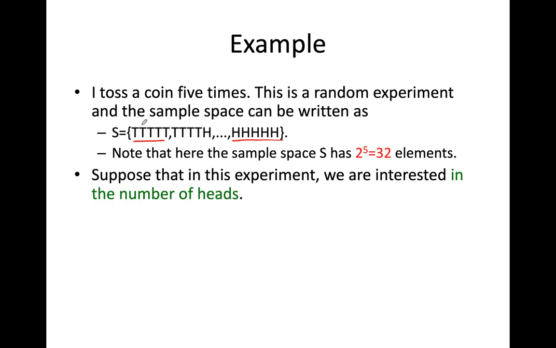So we are not interested in these outcomes anymore, but we are interested in the number of heads. Okay, number of heads. For example, here I have 0 heads, here I have 1 heads, or I have 5. All of the outcomes are heads, which is like the number of heads is 5. So I'm interested in number of heads. This will be my random variable for this random experiment.